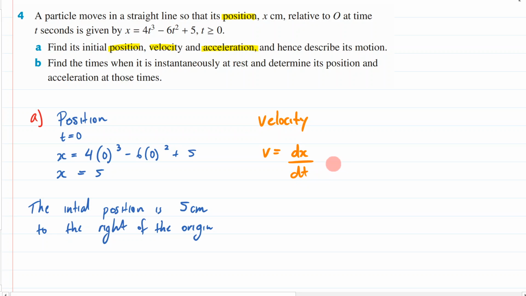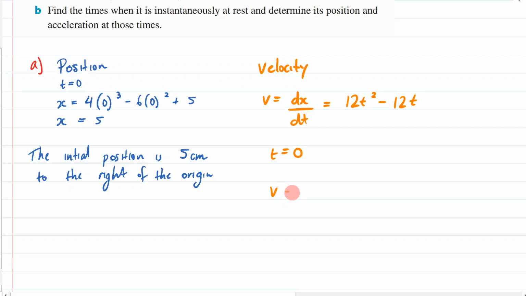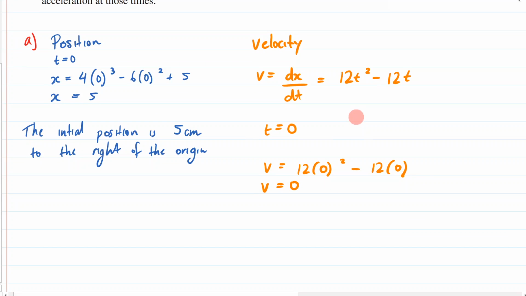So we differentiate x with respect to t, and it's going to be 12t squared minus 12t. I now am going to say, well, when t is equal to 0, what is it going to be? Well, I'm going to get v is equal to 12 times 0 squared minus 12 times 0. v will be equal to 0.